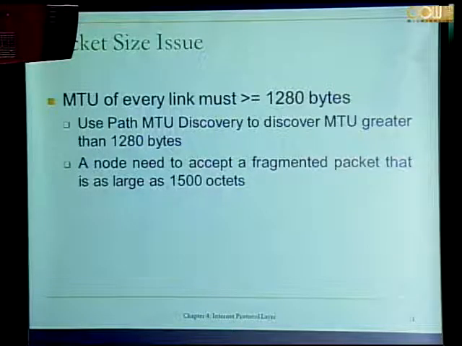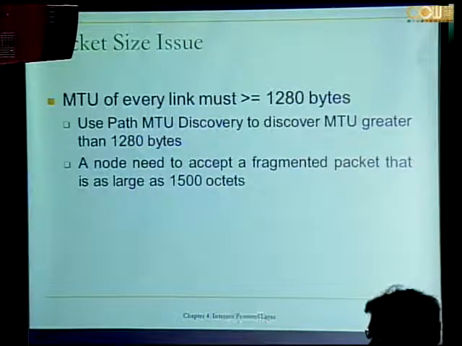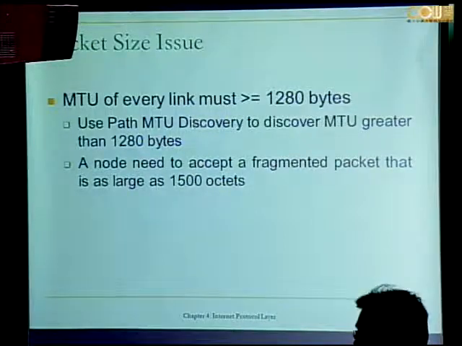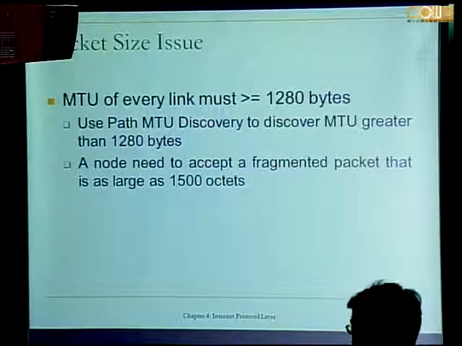There's a mechanism called path MTU discovery to discover the minimum link MTU along the path. Suppose there are 10 links along the path, and I need to find out which link has the smallest MTU, and I would take that smallest MTU as the path MTU.